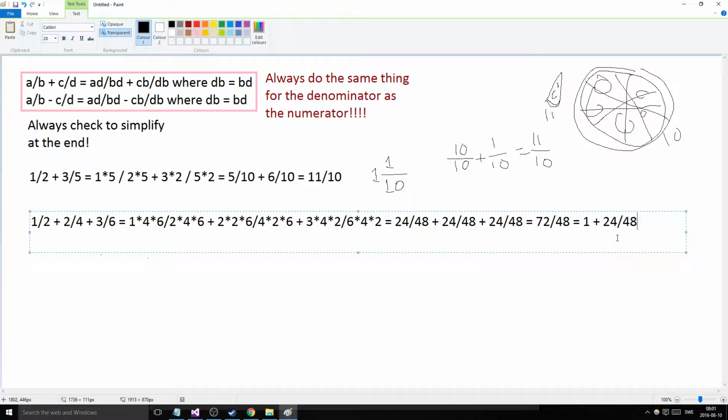There we go. So yeah. And this we can simplify. You see? And we want to simplify this. So actually we'll keep the 72, 48, and then just divide both the denominator and the numerator by 2. So what's that going to give us?